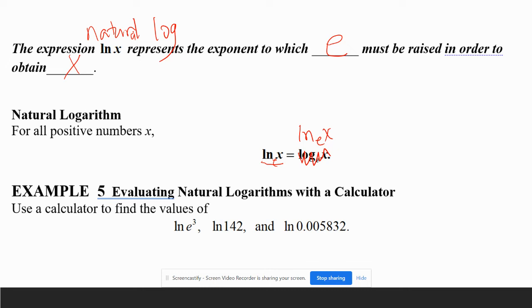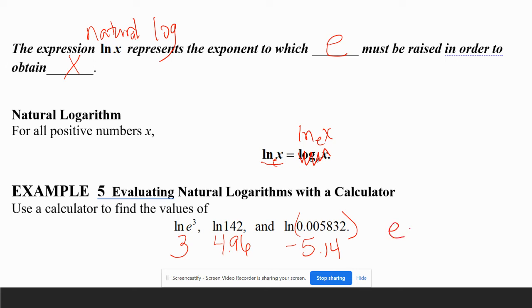So when we type this in our calculator, natural log of e to the third, we get 3. If I hit the ln button, 142, I get 4.96. And then natural log of that decimal, we get negative 5.14.